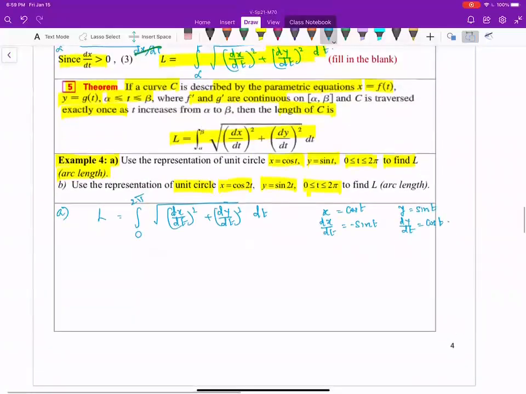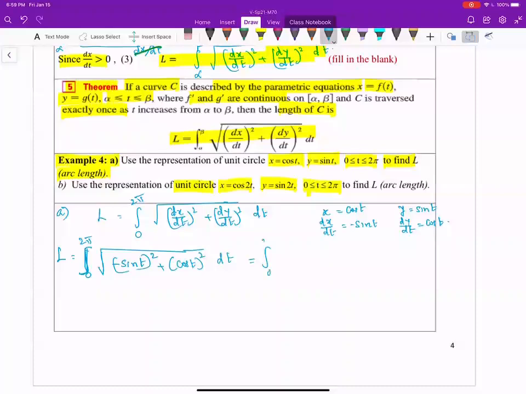If you apply that here, it is the integral 0 through 2 pi, square root of dx by dt, which is negative sine t, the whole square, plus cosine of t, the whole square, dt.